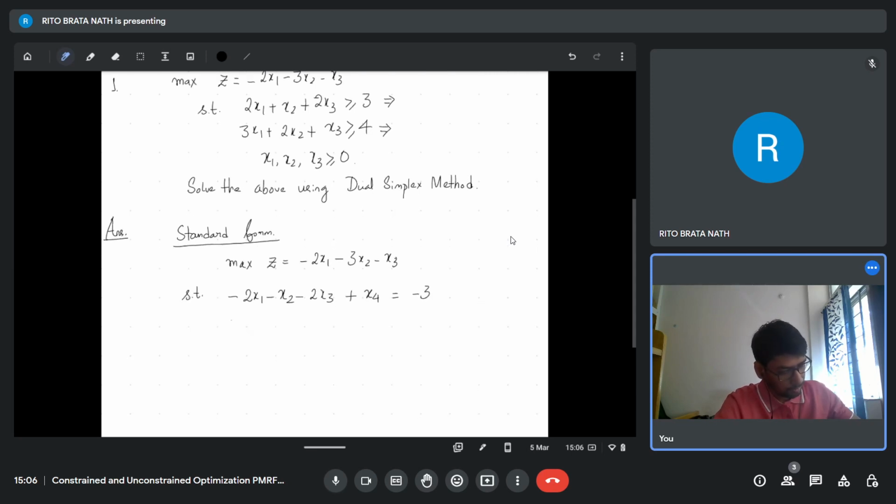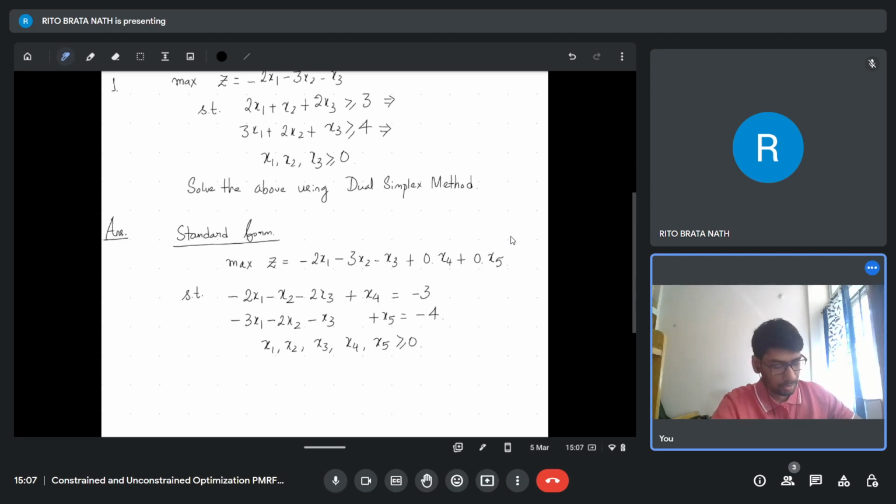For the next equation, you have minus 3x1 minus 2x2 minus x3, then you add x5, and that should equal minus 4, right? And your x1, x2, x3, x4, and x5 are all greater than or equal to 0. Since you have added x4 and x5 in your constraints, they should also appear in the objective function with coefficient 0, right? So that's the standard form that you can write.